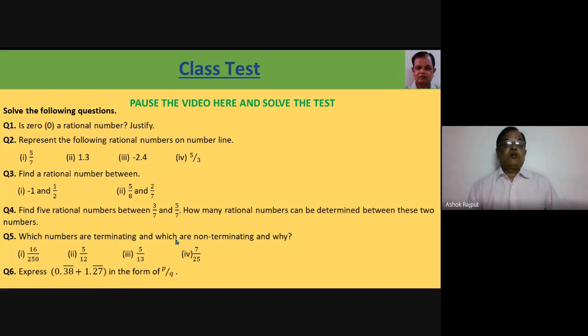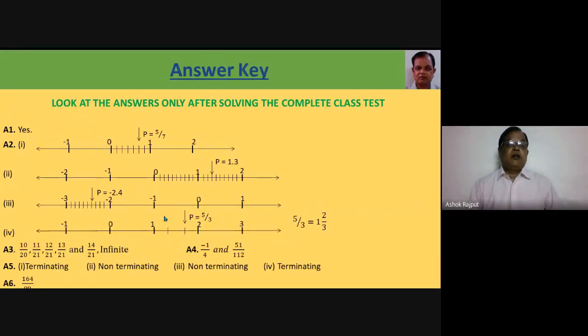So you will first complete this class test for justifying whether you have understood or not. And answer key is available. So you can see the answer key, but after solving the complete class test, not in the middle.